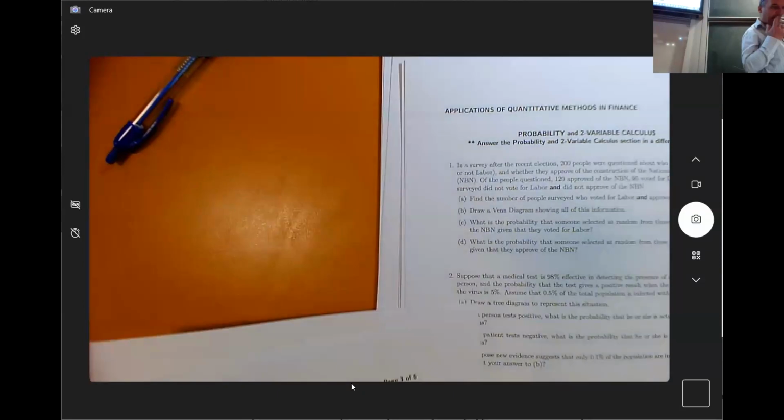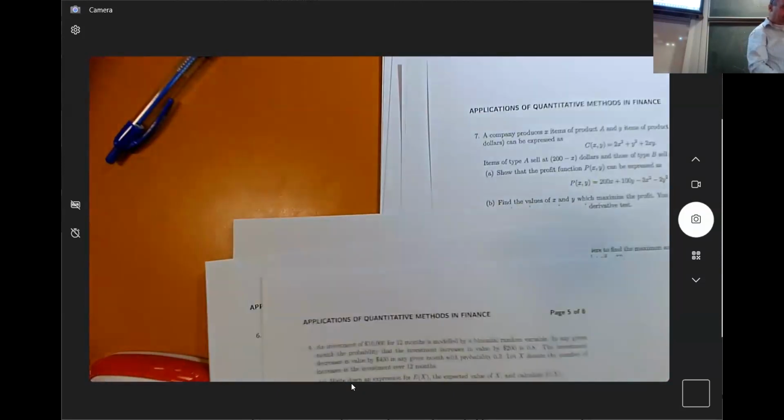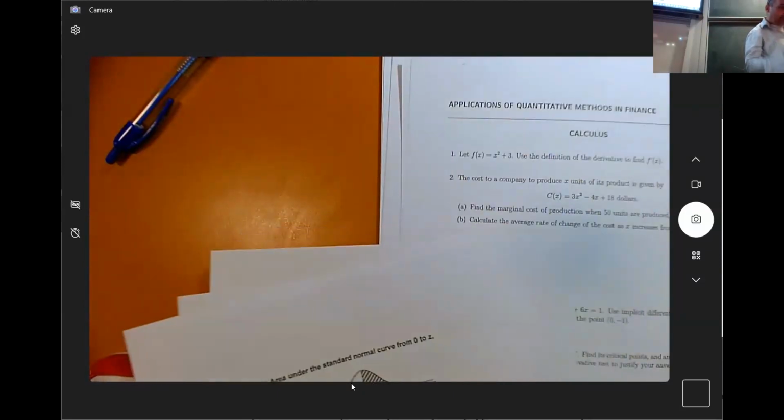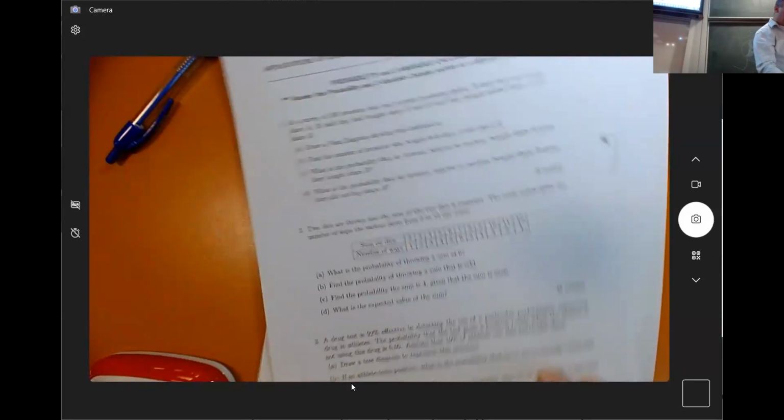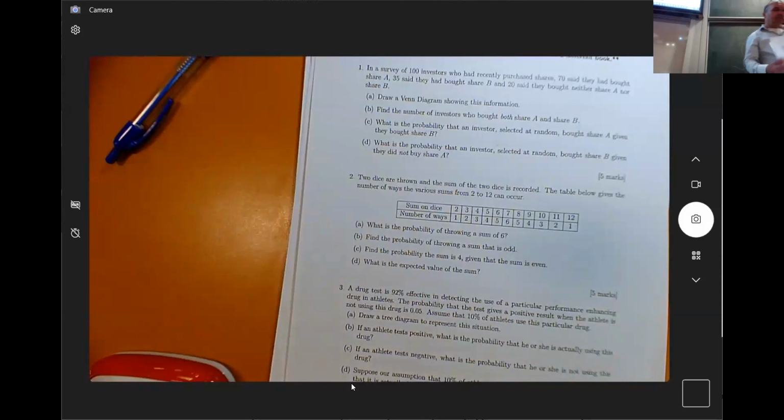So discrete probability. I've seen a question here about probability. These exams are a bit old. This would be a discrete probability question.